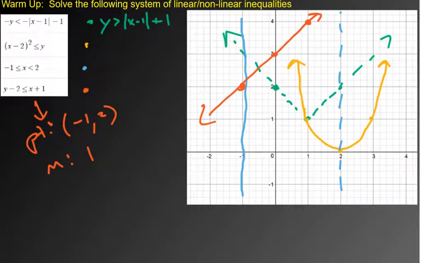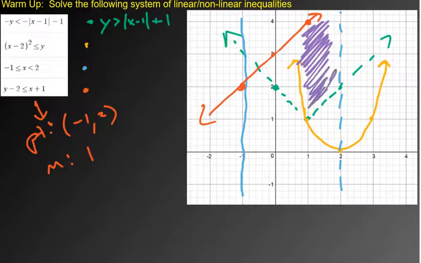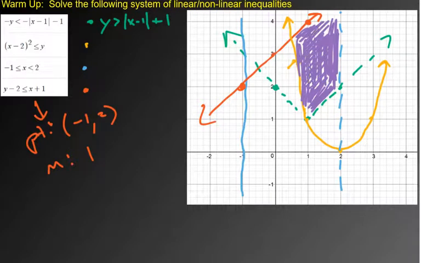If you put that all together, we would be in that sort of region right there. This continues, and it's bounded on the left by that quadratic, below by the absolute value, to the right by this dotted blue line, and then above by the red line.